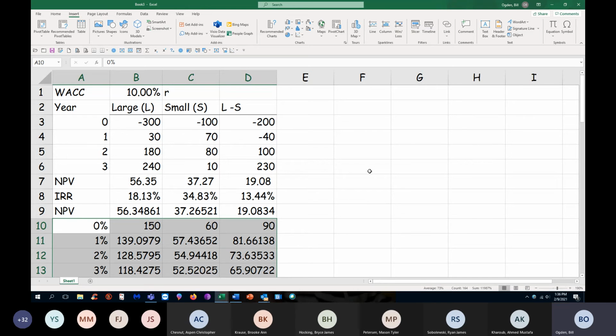Well, there's no mathematical relationship between the cars and the month, is there? That's a line graph or a bar graph. But here we have a distinct mathematical relationship between the discount rate and the NPV. All right, so we're going to graph an XY, and let's pick the smooth lines.